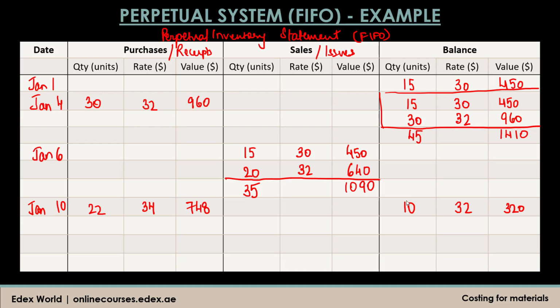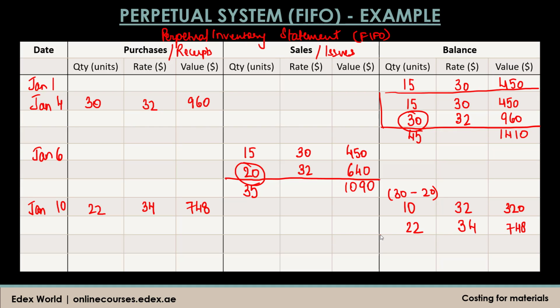Again, how did I get this 10? 30 from this minus 20 sold, out of these 30. So remaining 10. And now I also have 22 units from the Jan 10 batch. So 22, rate 34, 748.